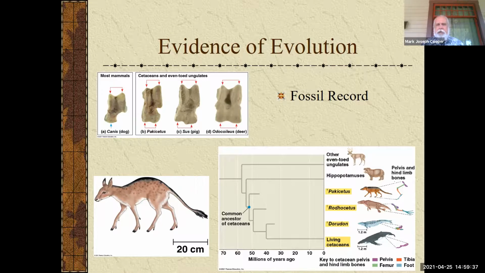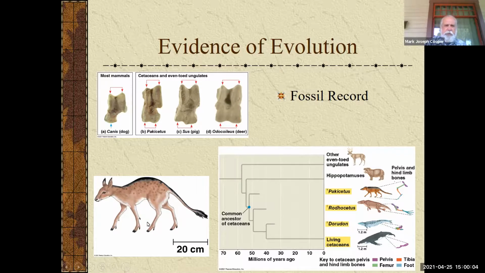And so you don't think about it, but if you look at the fossil record, there are fossils of these organisms showing the animal going back into the sea and the modification of the back end into flippers. And so over here on the left would be what we consider to be one of the very early common even-toed.